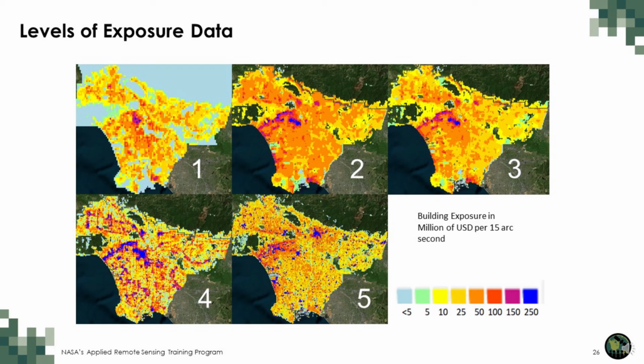That's where we used some of our EO secret sauce. Level 4, you can immediately see it's almost as if the exposure comes into focus. That's where you skip to building specific data that's aggregated, in this case, up from Microsoft building footprints. And level 5 is where you've got building specific data itself and run all of that through the model. In this case, it's Los Angeles County tax assessor data.